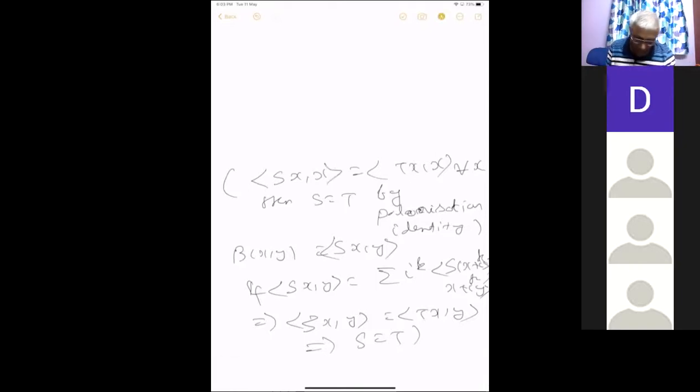You can expand it by the polarization identity, but x plus i to the power k y is another x, so those inner products are the same. So it follows by the polarization identity that if this is true, then S equals T.